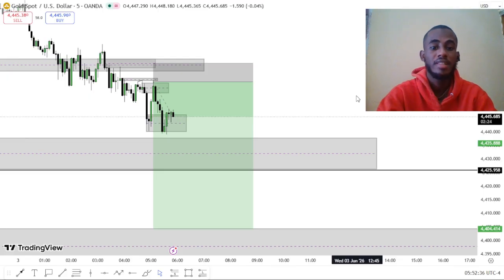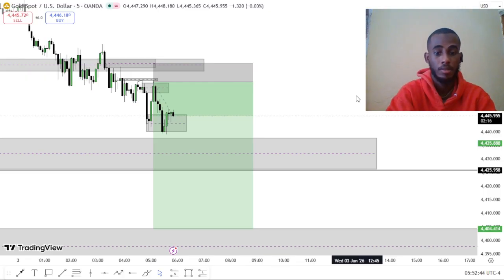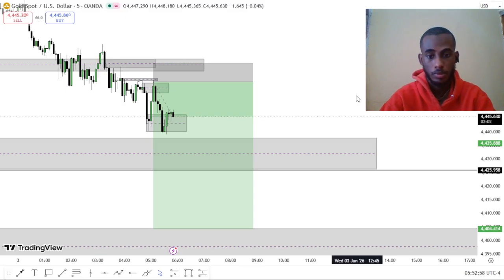You only need the moves that fit your plan. The market will be here tomorrow, the market will be here next week, and also the market will be here next month. So your goal is not to catch every trade. Your goal is to become the trader who can trade for years and still be disciplined with one strategy, or the one thing that you do.